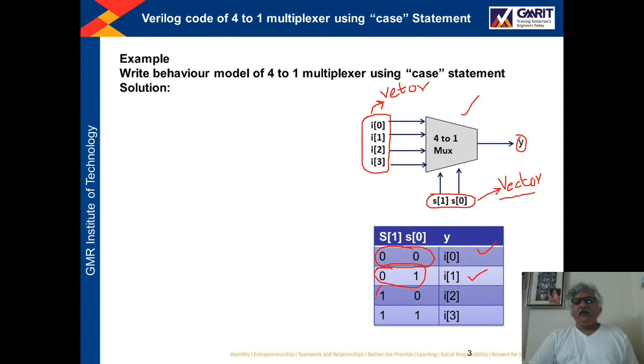If the select line is 1, 0, meaning S1 is 1 and S0 is 0, then the I2 value will be transferred to the output. And if the select line is 1, 1, then the value of input I3 will be transferred to the output.